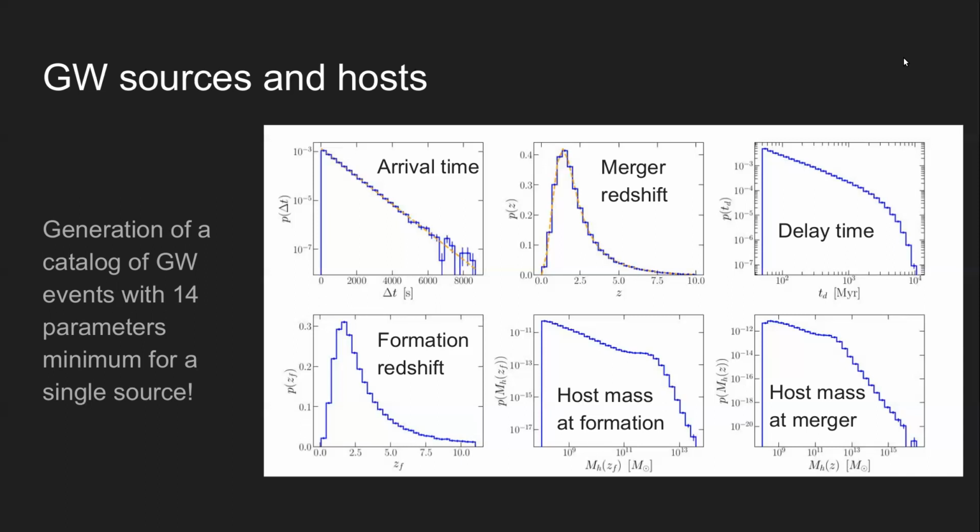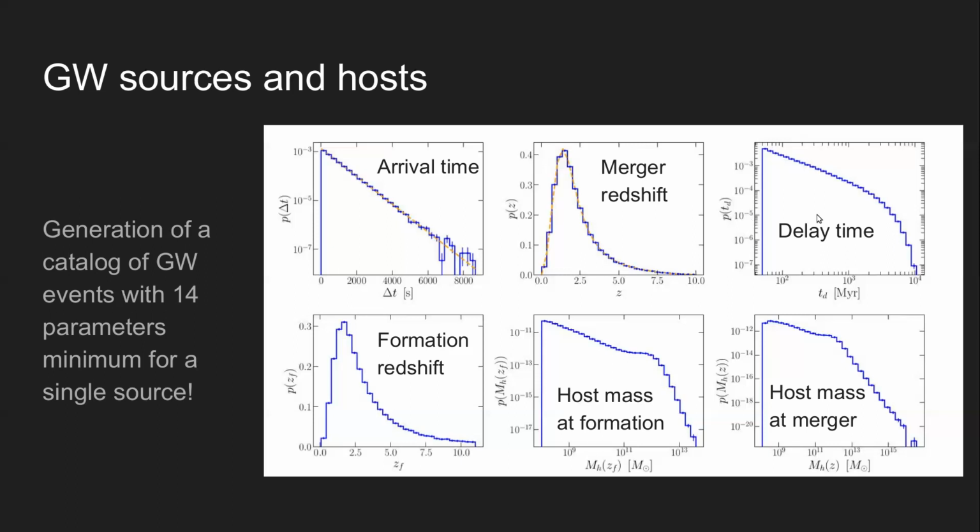So suppose that you want to know what really matters for this problem related to gravitational waves. You need to know when your gravitational wave arrived on Earth, and this is going to become clear. To know when your merger event happened, so its redshift.